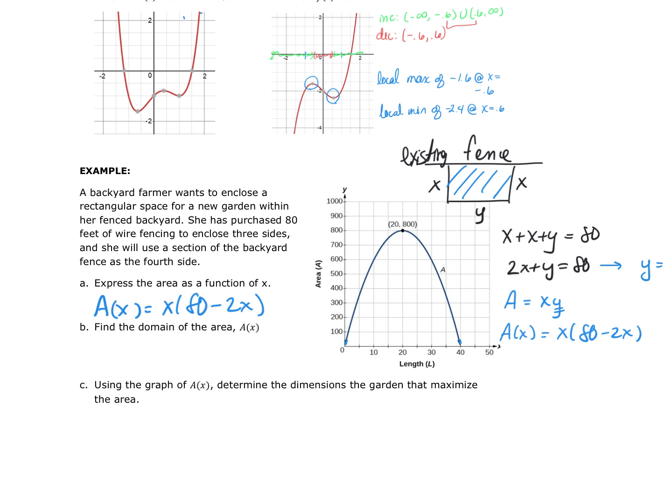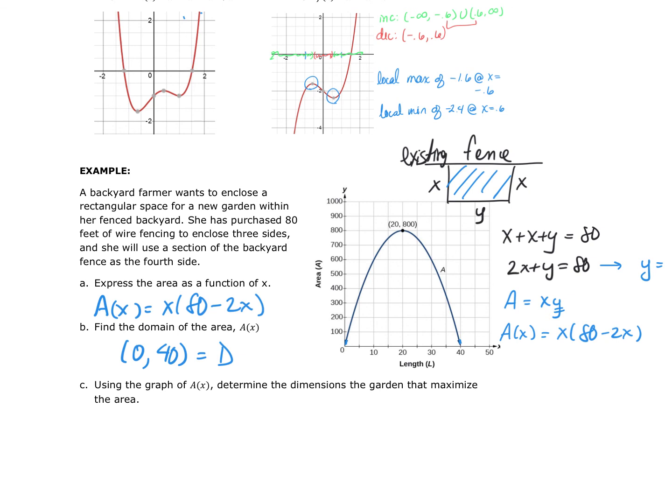So, based on this graph, even though this function has no restrictions, within the application, it certainly does. The lowest length I could put in is close to 0. The largest length I can put in is close to 40. So this is my domain, non-inclusive of 0, non-inclusive of 40.